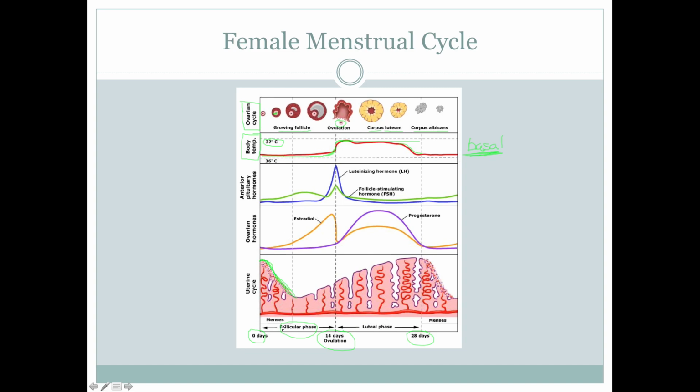So we would say that the follicular phase, predominated by the growing follicles, the predominant hormone during the follicular phase is estradiol, which is the main circulating form of estrogen. So these make estradiol, and the bigger they get, the more they make. And then you'll notice at ovulation, the estrogen goes way down. And we'll see why that is in just a second.